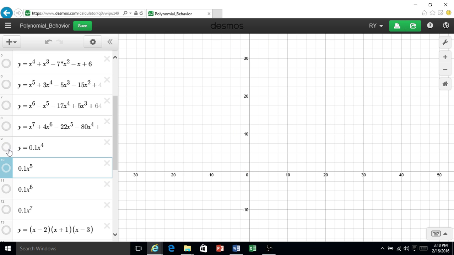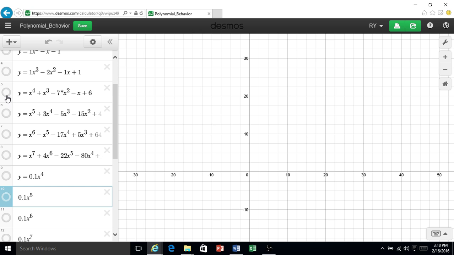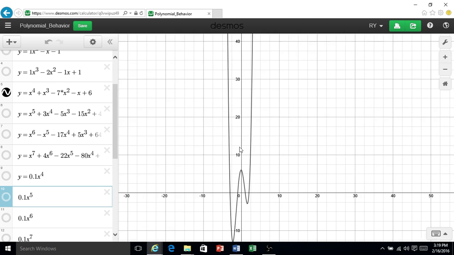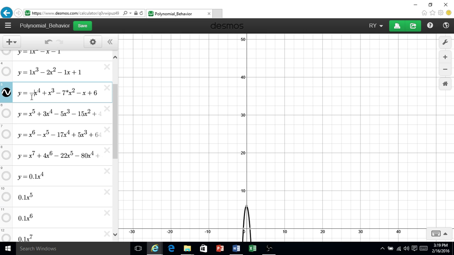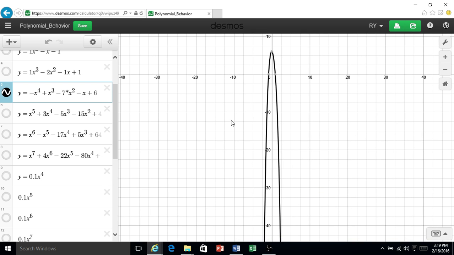Now if we were to take a look at an even polynomial with other terms, well, there's some local maximum and minimum, but in the end, in the limit that you go either direction to infinity, you can see that the function goes upwards on both sides. Now again, this is easy to change by changing the sign of the leading coefficient.